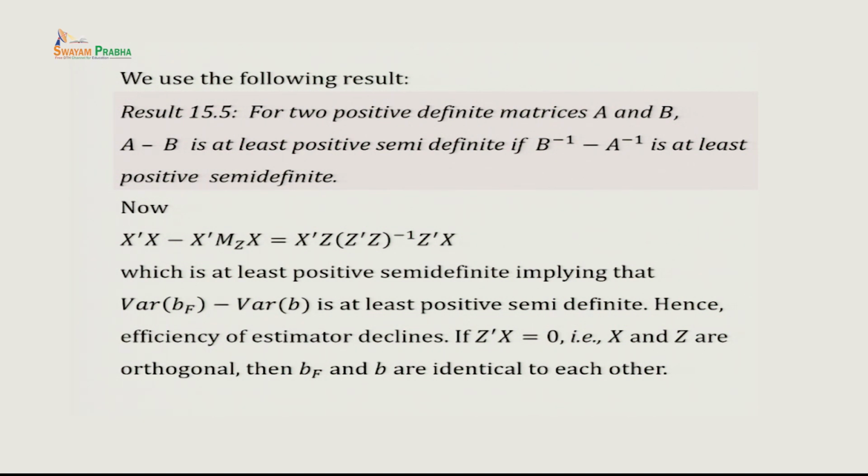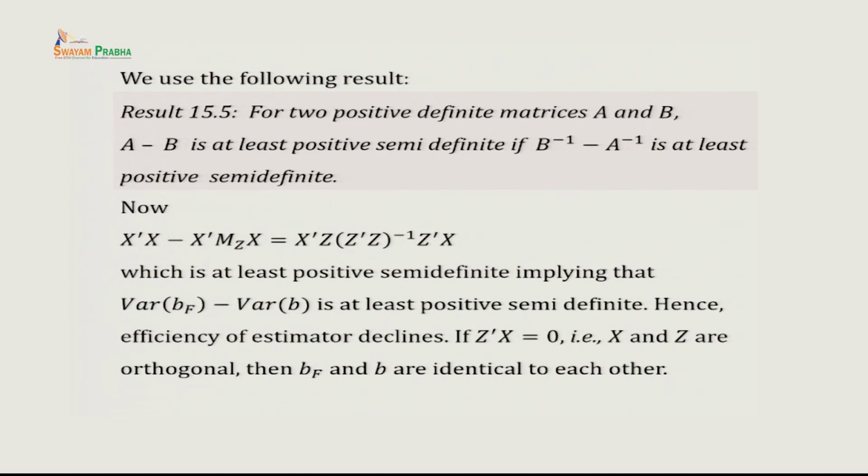Now, to observe whether this difference is positive definite or not, we again make use of this result, which we have already proved earlier. So, for two positive definite matrices A and B, A minus B is at least positive semi definite if B inverse minus A inverse is at least positive semi definite.